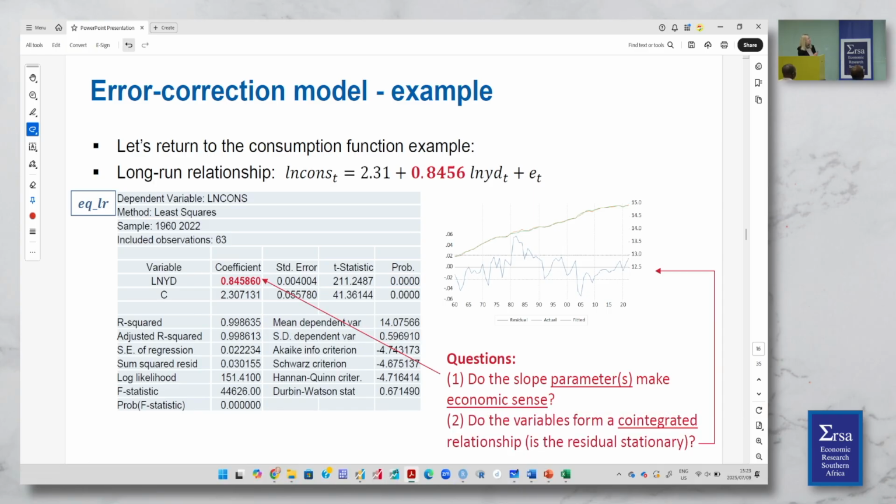So let's just see how we put everything together now. We've seen this so many times. When we estimate the long run, we said the most important question to ask is not how well the model fits, but do these parameters make sense? And secondly, looking at that residual and asking, do these two variables form a long-run relationship?